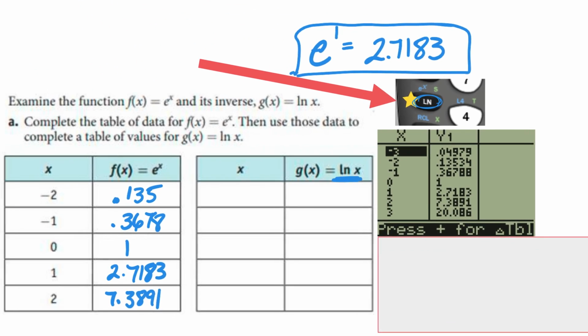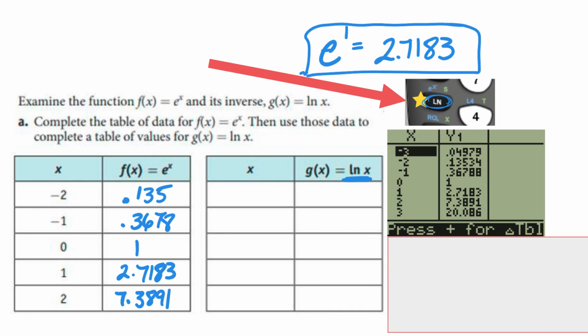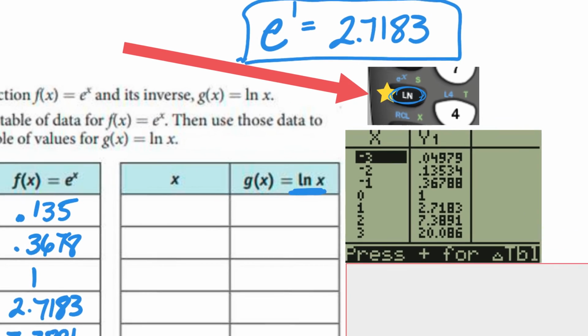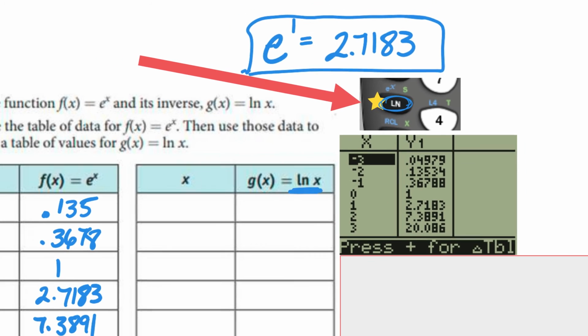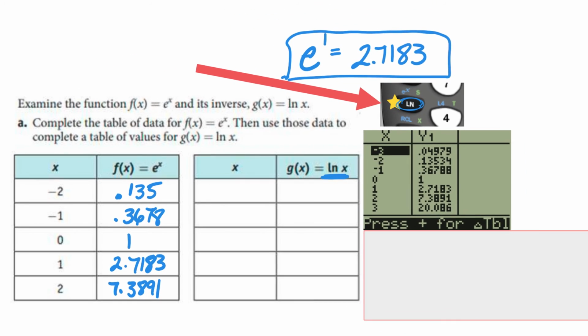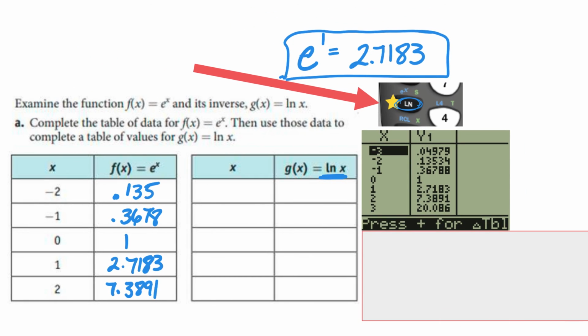Like if you look at the trig and you see sine, right above it is inverse sine. Any function that you have, the inverse is the second of that. So if you're working on your ACT, you can use that as a cheat sheet. If you see a math function you're unfamiliar with, but you see the button, you can do the inverse of that by hitting second and then that button.